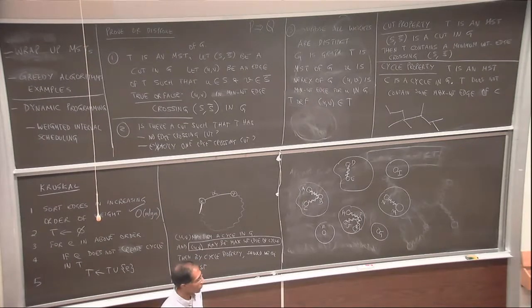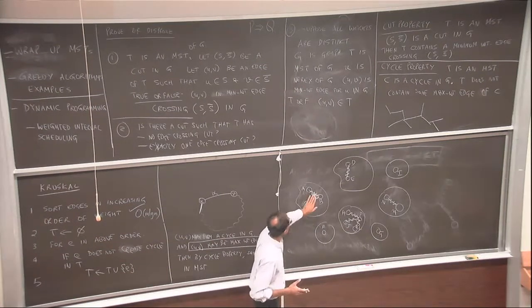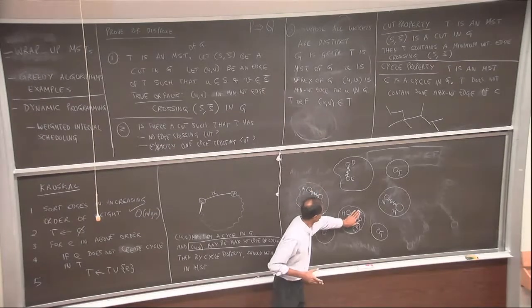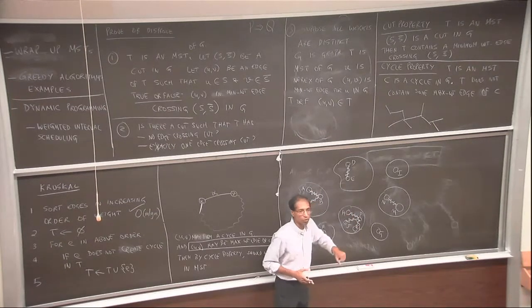It makes a cycle. So how do you tell whether something makes a cycle? Do you have to look at the edges that you have already added to determine whether it makes a cycle? Let's say I didn't draw the edges inside, but I showed you the vertices in each component.